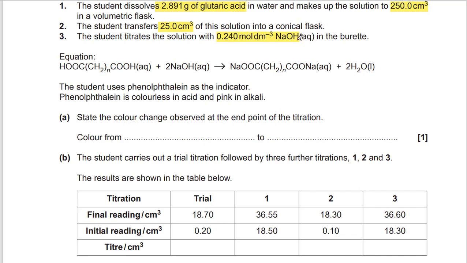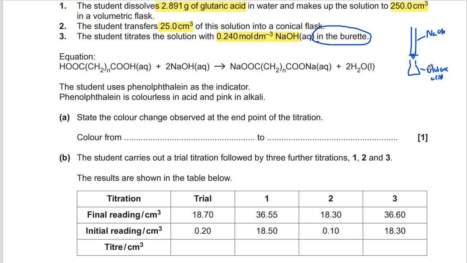It tells you that the sodium hydroxide is in the burette. So if I draw a very bad burette, this is an awful burette by the way. There you go, that's my burette. My conical flask underneath it. The NaOH is in the burette. And that means that the glutaric acid, I'm just going to write glutaric acid, is in the conical flask.